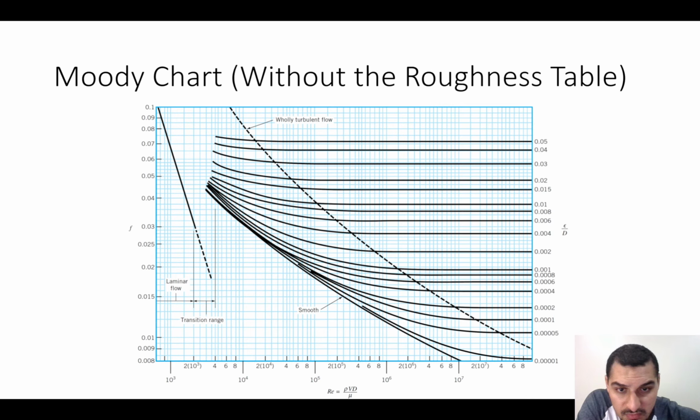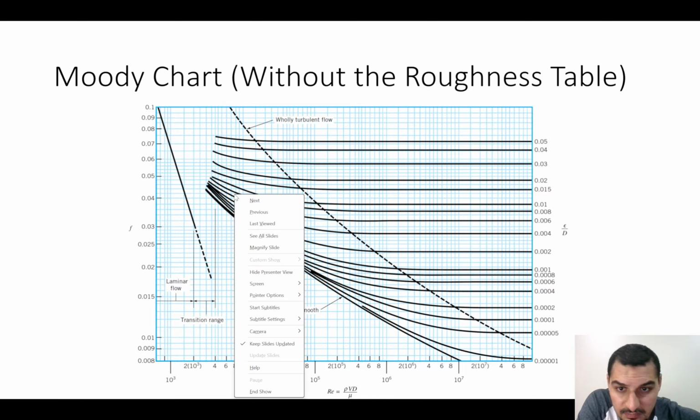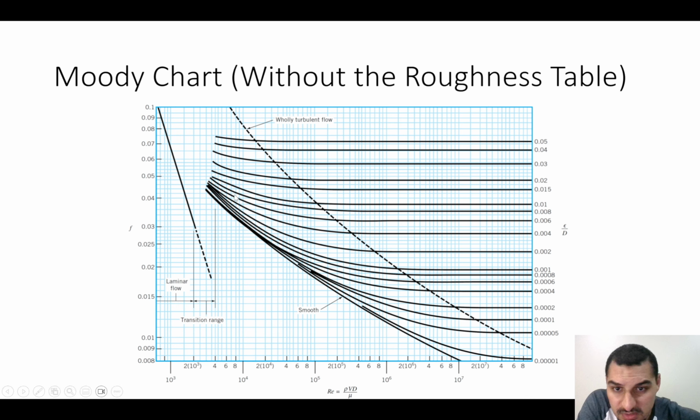You need to be careful with this because it's very easy to go up and down. And of course, if you are doing this with a piece of paper, it will be much easier because you can use a ruler to track the lines in a better way than just doing this visually with your eyes. I'm just trying to make sure that I am in the right spot. It's very hard, but I think if I'm doing this right, it's going to be around here. It's 0.041, I think.